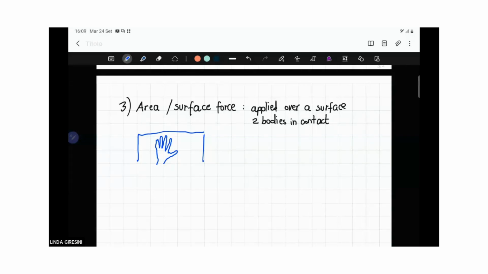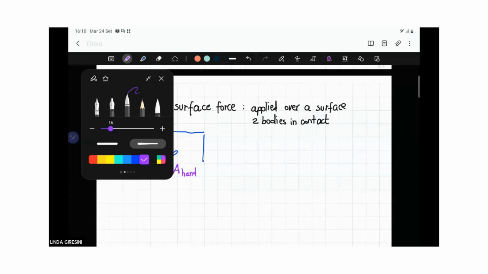But then I have to know what is the area. So the area is the surface of my hand. That will be some tens of square centimeters, maybe, I don't know, 10 or 15 square centimeters.